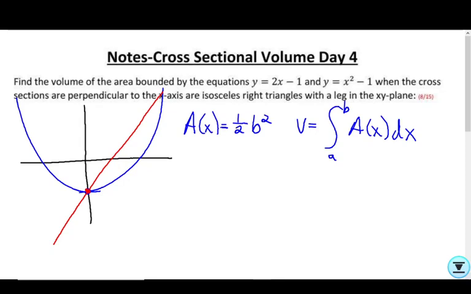And my isosceles right triangles are going to look like this, where here's my leg, there's my 90, like that. So this side right here is my base, from here to here. I need to know what that base length is. Since it's vertical like that, I know the equation I can use is the function on top minus the function on bottom.